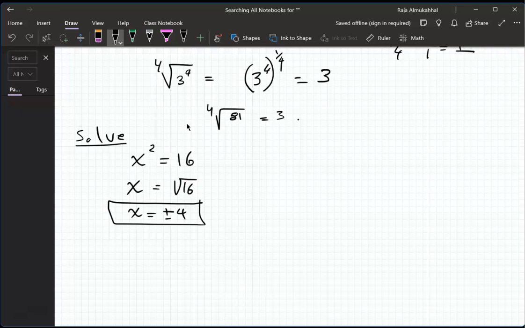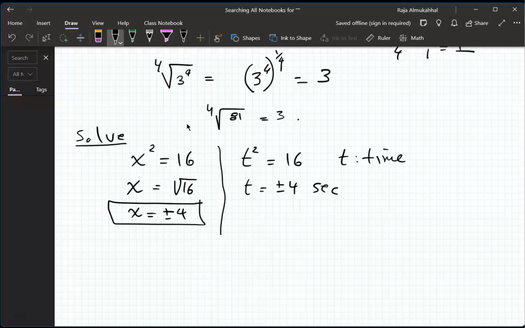However, in physics, this is not a legitimate answer, because here you have two answers. Especially if x here, for example, represents time. So suppose that in physics, you end up with the following equation: T squared equals 16, where T here is time. If I take the square root of this equation, it becomes T equals plus or minus 4 seconds, for example, right?